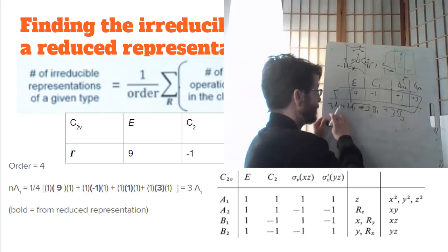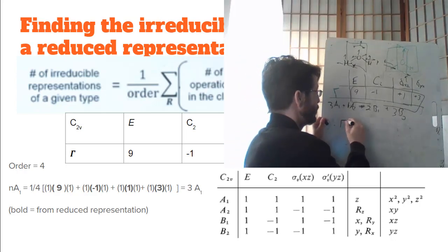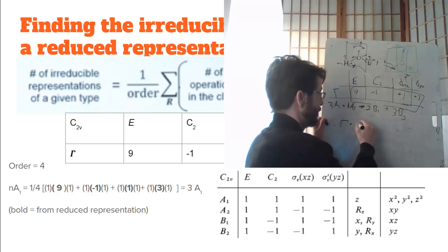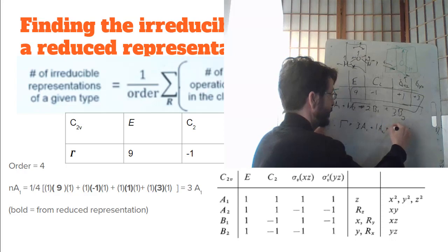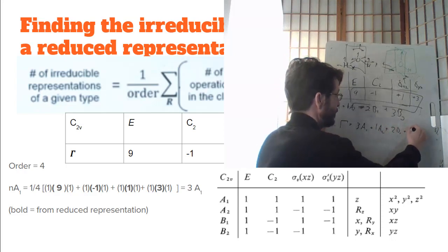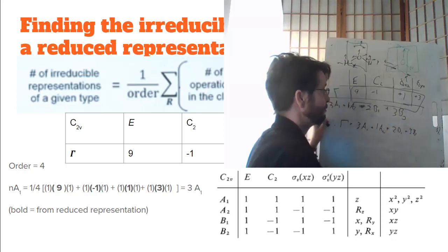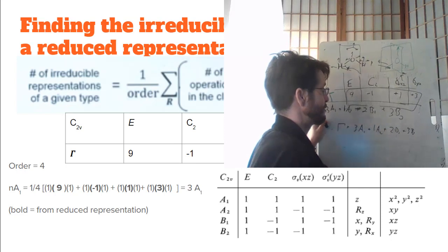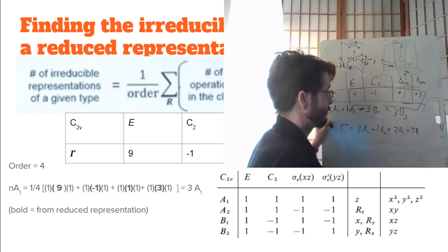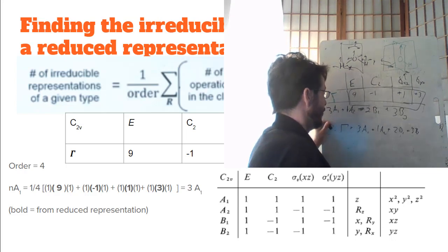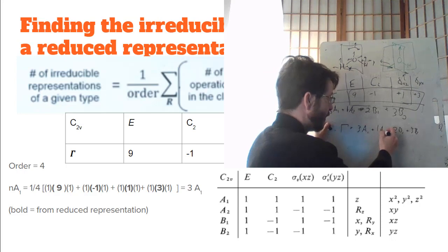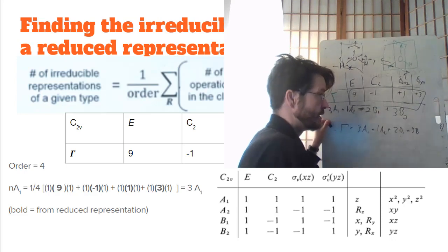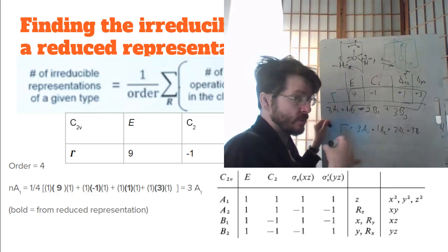Now our reduced representation would represent the sum of 3 A1s plus 1 A2 plus 2 B1 plus 3 B2s. Okay. And so within that, that is all of the translation and motion of each of the atoms and their symmetry relationships.